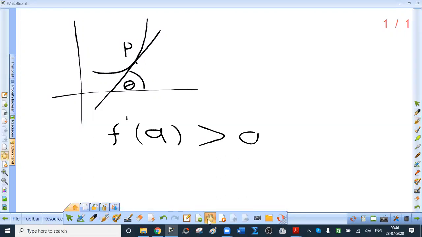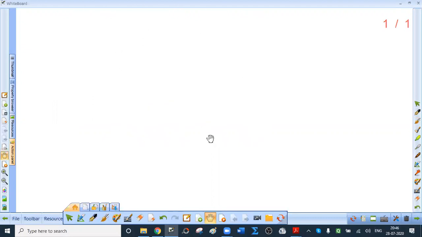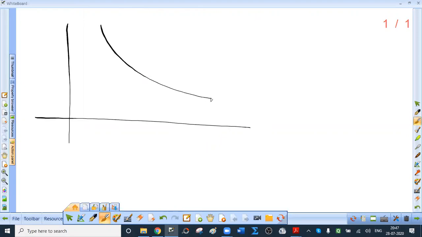Similarly, we can discuss decreasing function. So what can you say about decreasing function? I consider open interval a minus delta, a plus delta of a. This is again the curve y equal to f of x.